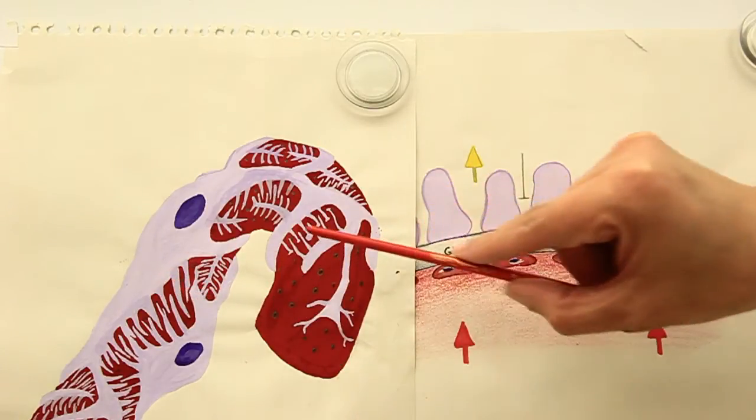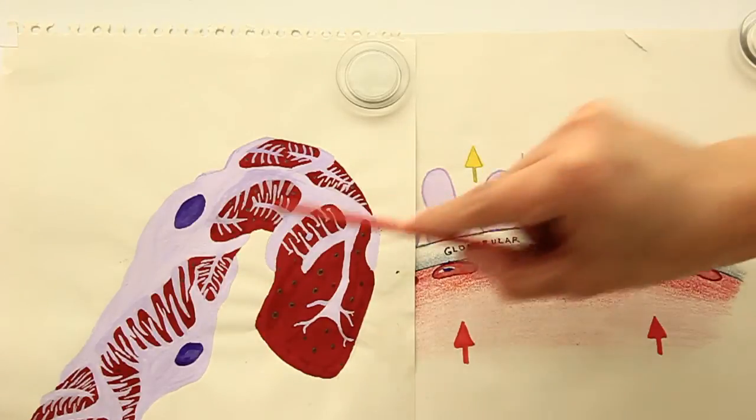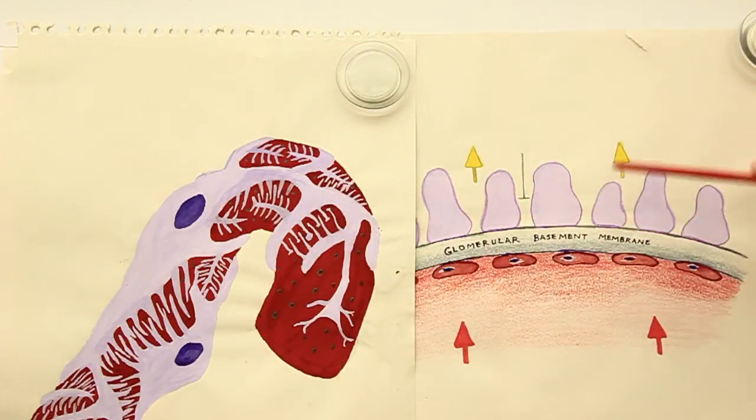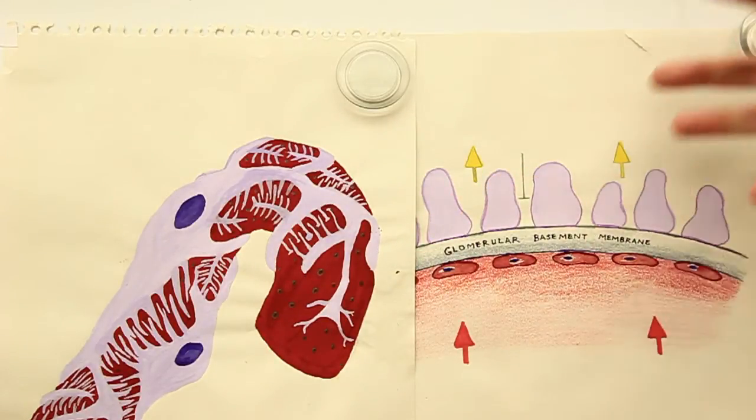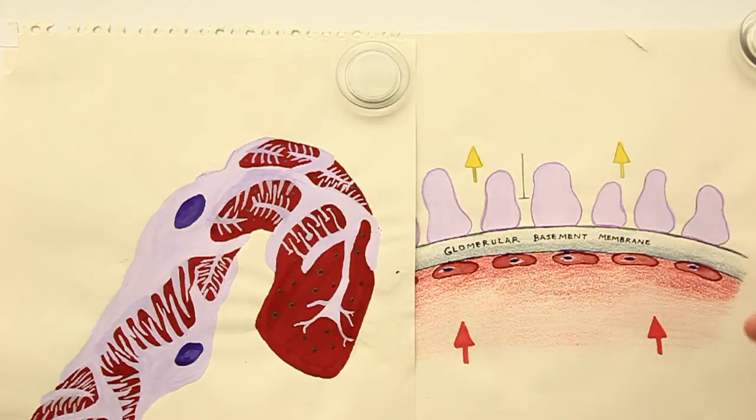Now, if you move your gaze from this drawing to this, this is the blown up image of a filtration membrane, which you can only observe under electron microscope. So these are the foot processes of the podocytes.